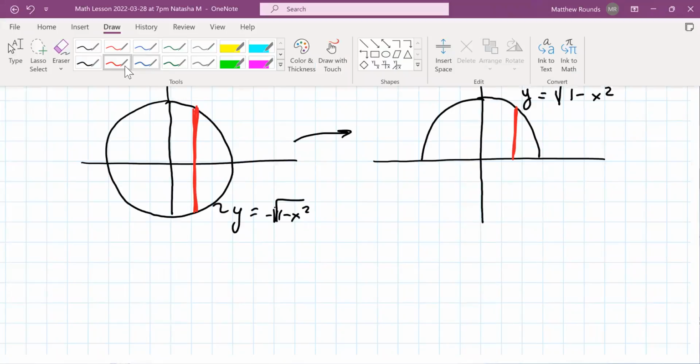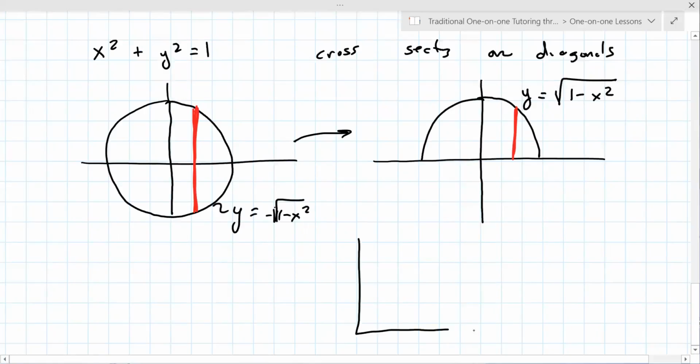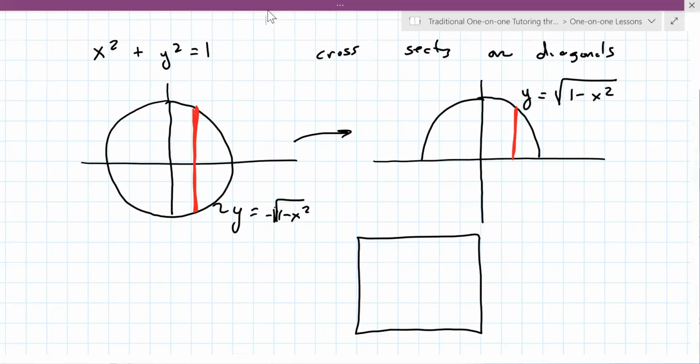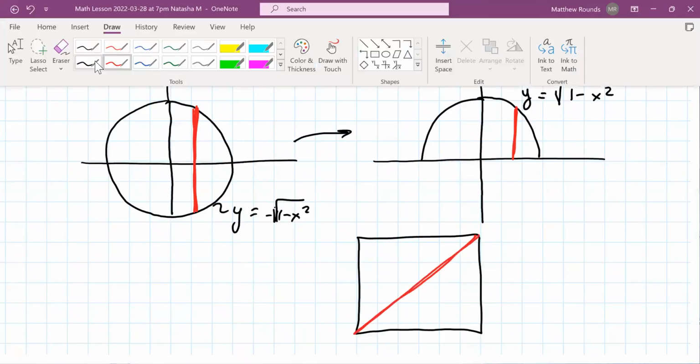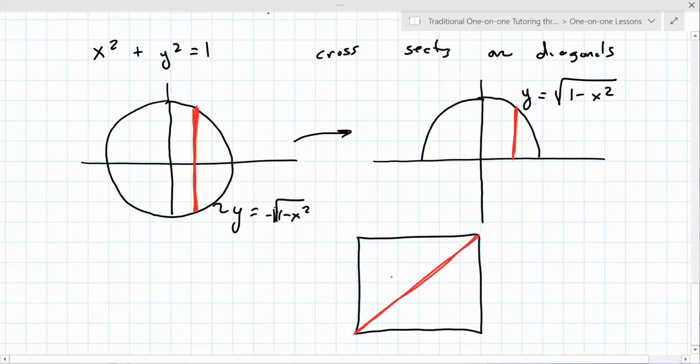So if I draw a square, and I put this red here to indicate that it's the diagonal. The diagonal is 2 of these square root of 1 minus x squared, because this is half the diagonal.